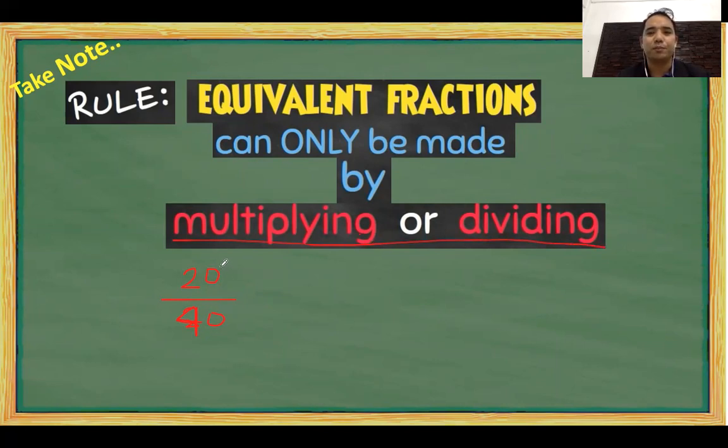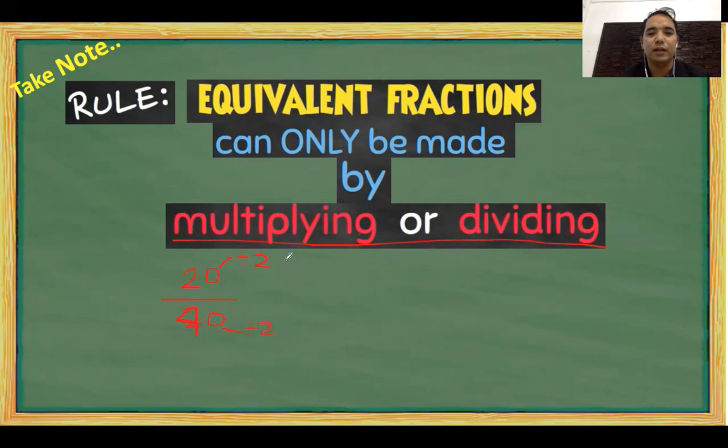For example, we think about numbers that can divide 20 and 40. Example, 2. Okay, 20 divided by 2. 40 divided by 2.